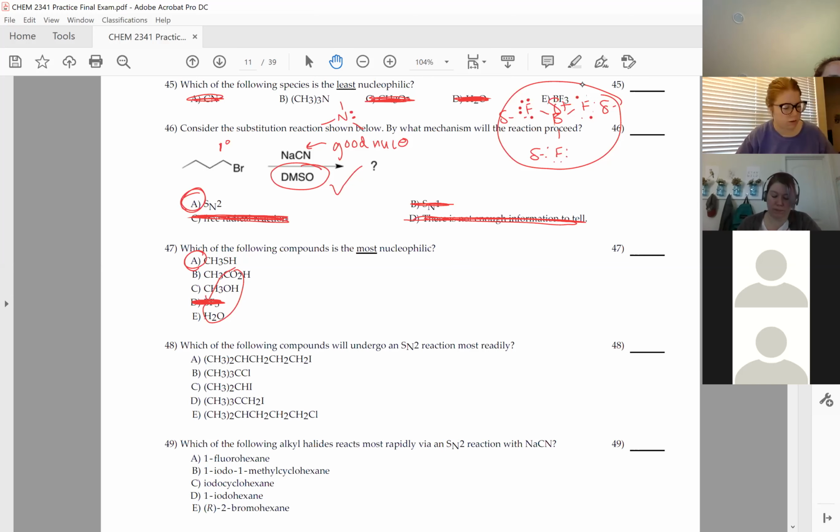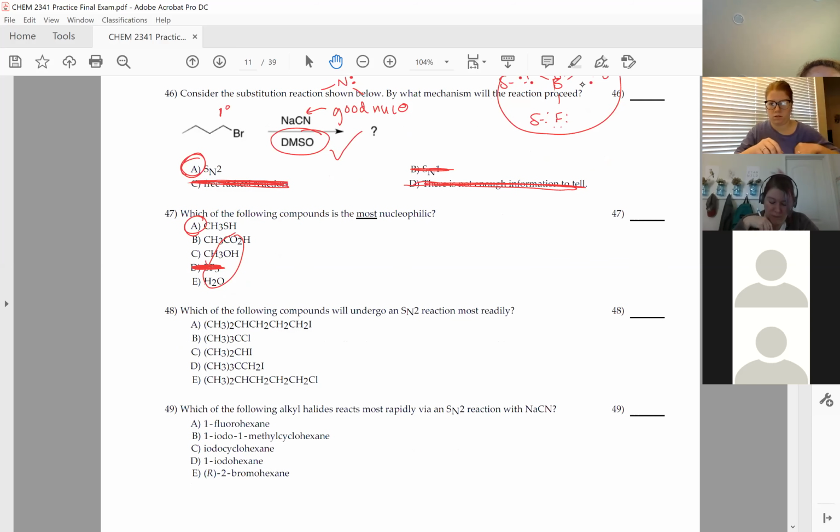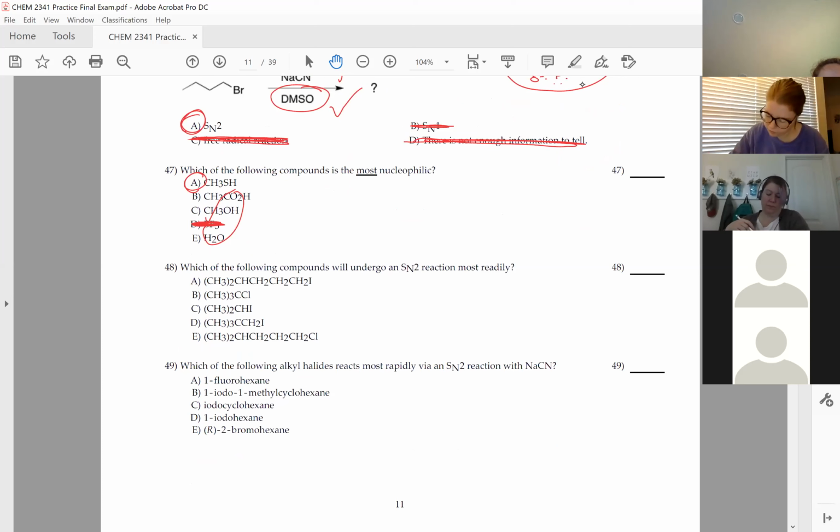Okay, 48. Which one of the following compounds will undergo an SN2 reaction most readily? There are two factors happening here. We have leaving group and degree of substitution. Which one is the easiest one to eliminate options on right off the bat? Leaving groups. Right. Which has the best leaving group?